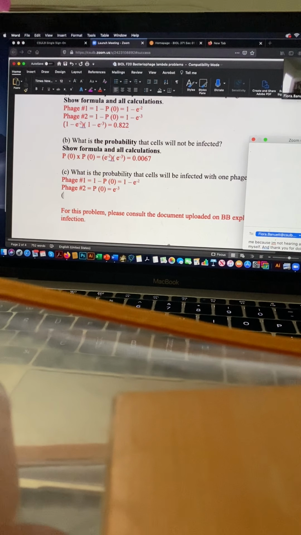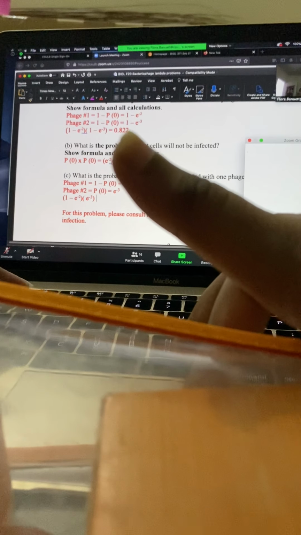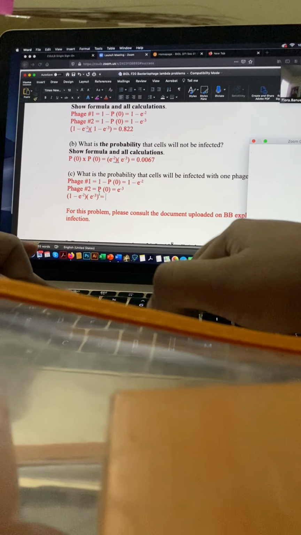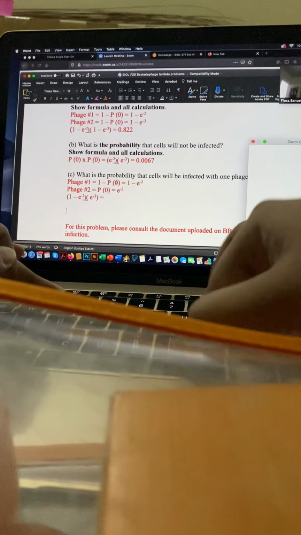So it is, okay, and that number you can figure out. And that is for infection with phage 1, but not 2.